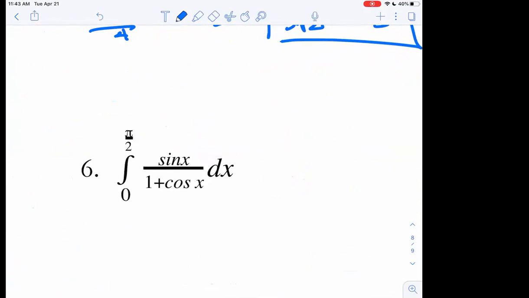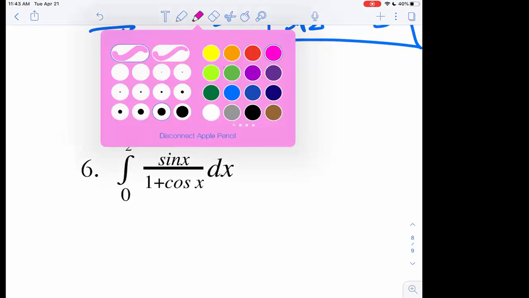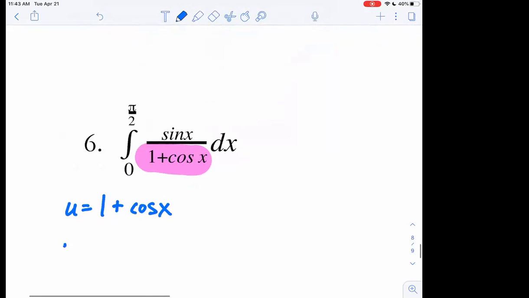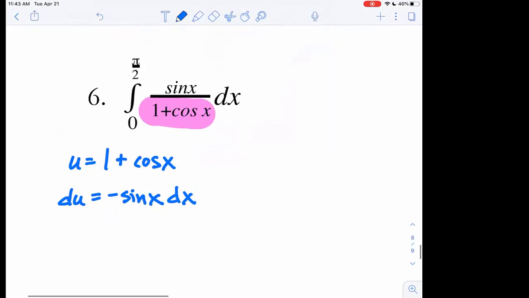So let's go back and see what that looks like for this example. If I want my denominator to be the u, that would mean that 1 plus cosine x is my u. And that means that when I find my du, I'm going to get negative sine x dx. And so I'm going to go ahead and divide that negative over.